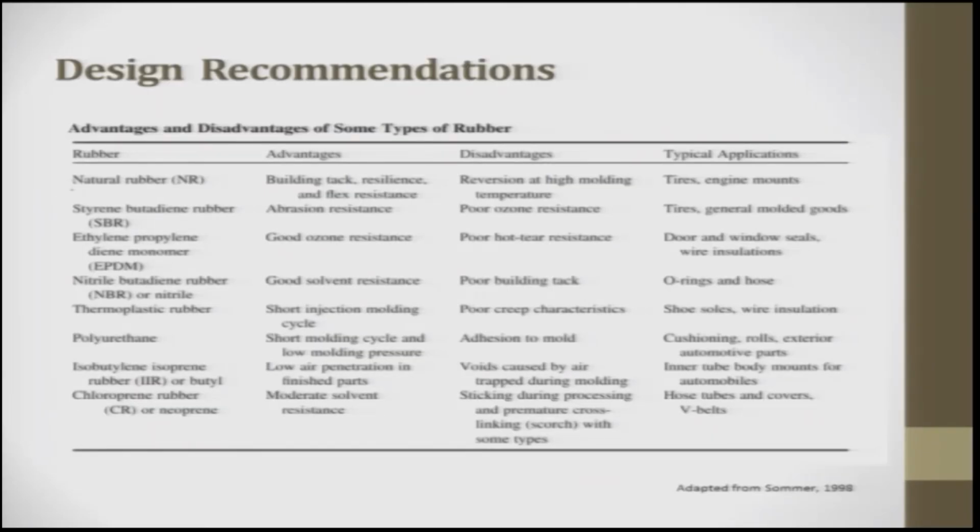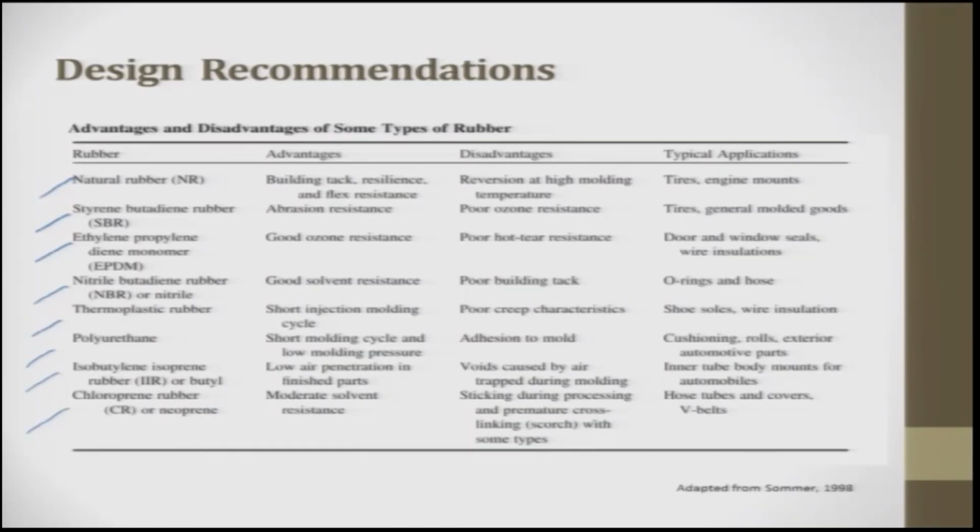One is natural rubber, you have styrene butadiene rubber, EPDM, ethylene propylene diene monomer, then you have nitrile butadiene rubber, then you have thermoplastic rubber, polyurethane rubber, isobutyl isoprene rubber, then chloroprene rubber. So, you can see here these are the advantages, these are the disadvantages.